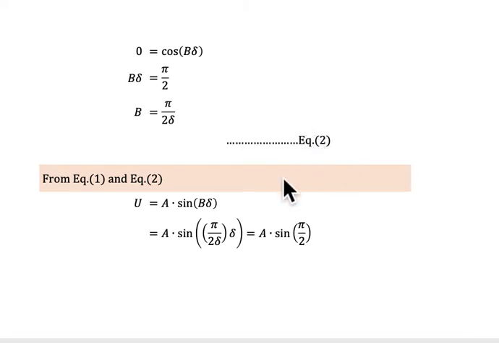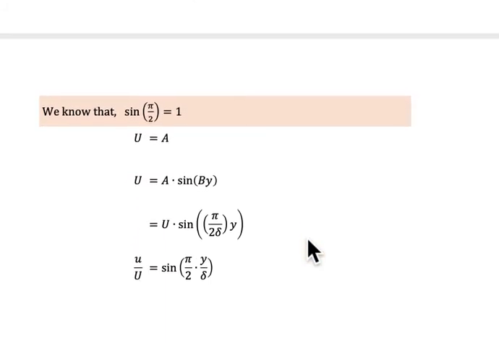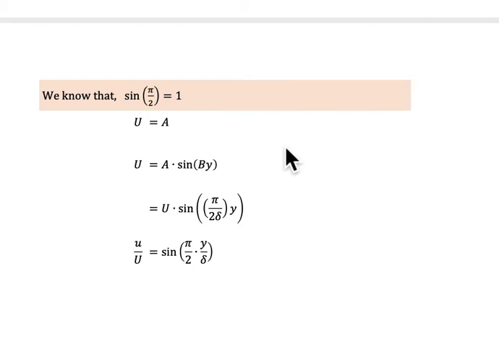From both equation 1 and equation 2, we have capital U equal a sin b delta. We substitute the value of b here. Knowing that sin pi over 2 is equal to 1, capital U is actually equal to a.